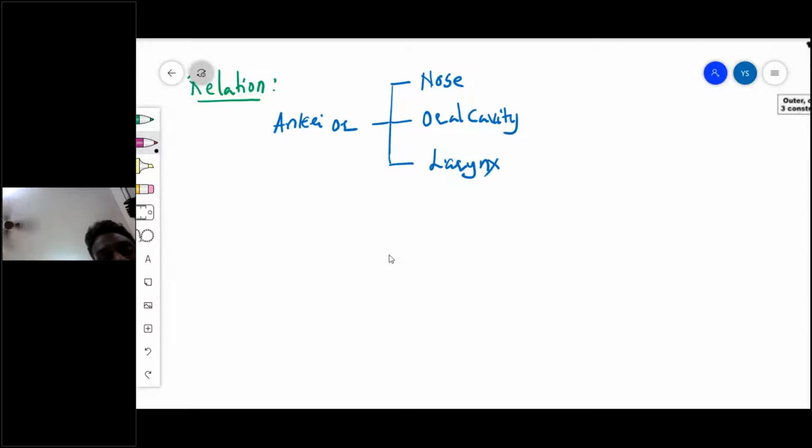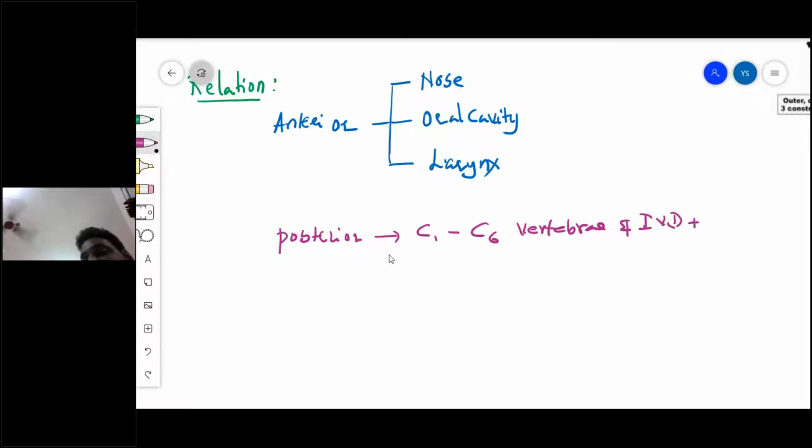And posteriorly, it is related to C1 to C6 vertebrae and intervertebral discs plus the body of the sphenoid bone.